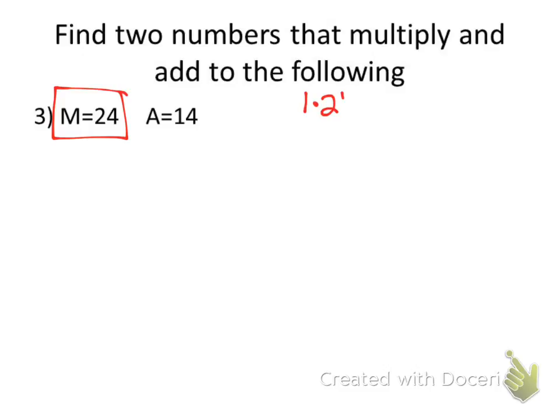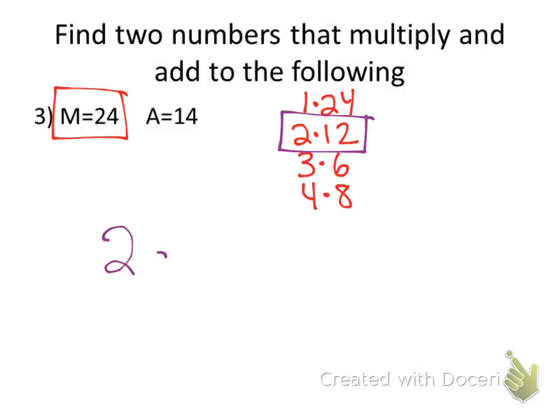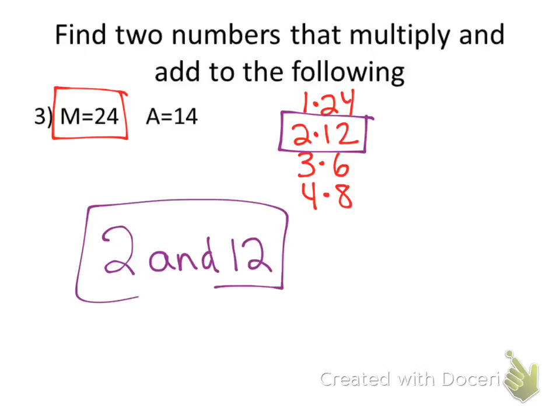You can just look at them on your factor sheet. Going down the list, you can probably pretty quickly see that the only combination that's going to add to 14 is 2 and 12. So those are our answers.